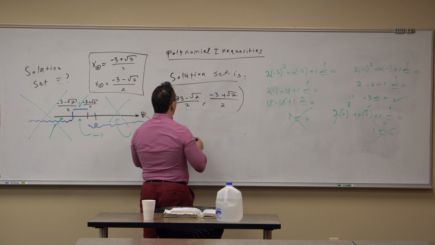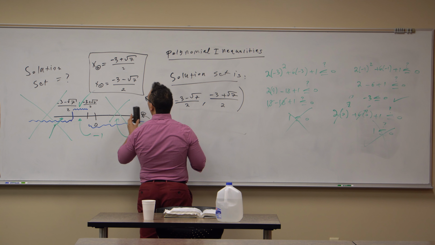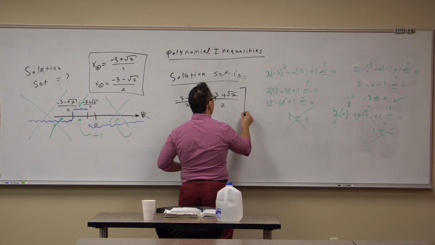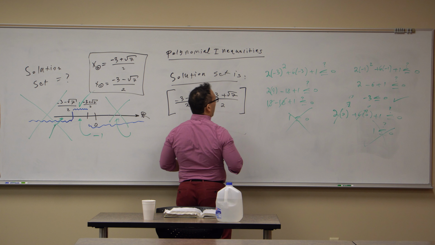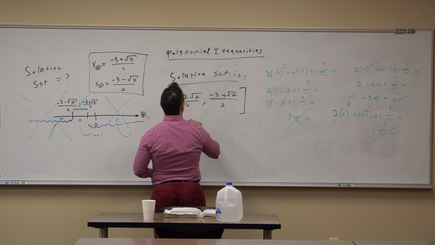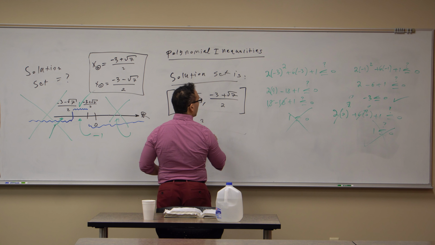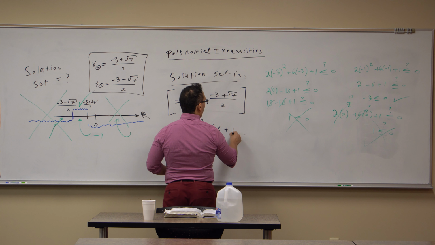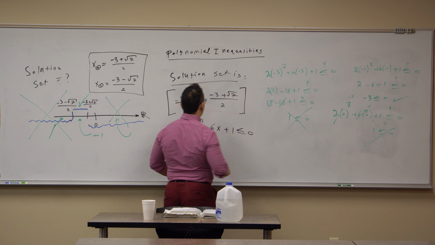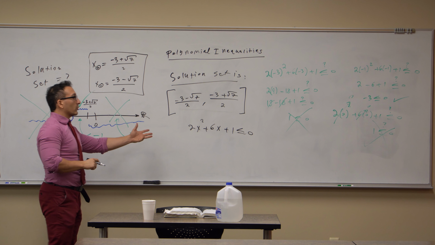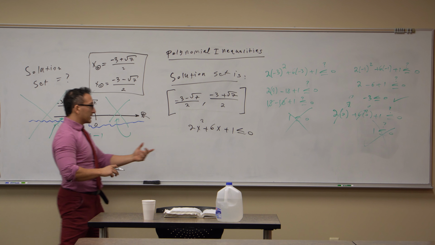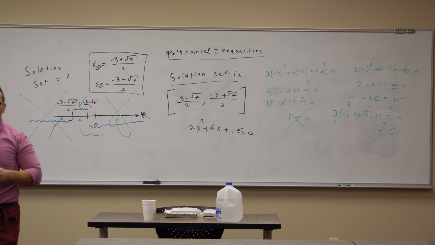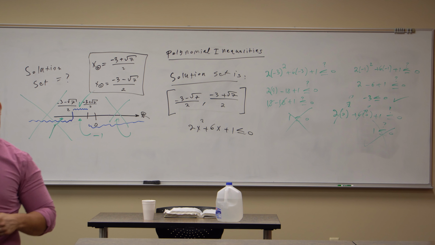And actually, I have put parentheses here, but we actually want to put brackets. The brackets imply that we include these values. The reason we put brackets is because our original inequality stated 2x squared plus 6x plus 1, it said, is this less than or equal to 0? And so we solve for the roots. And so this line here allows us to assert that we want to keep those brackets there because it includes those points.